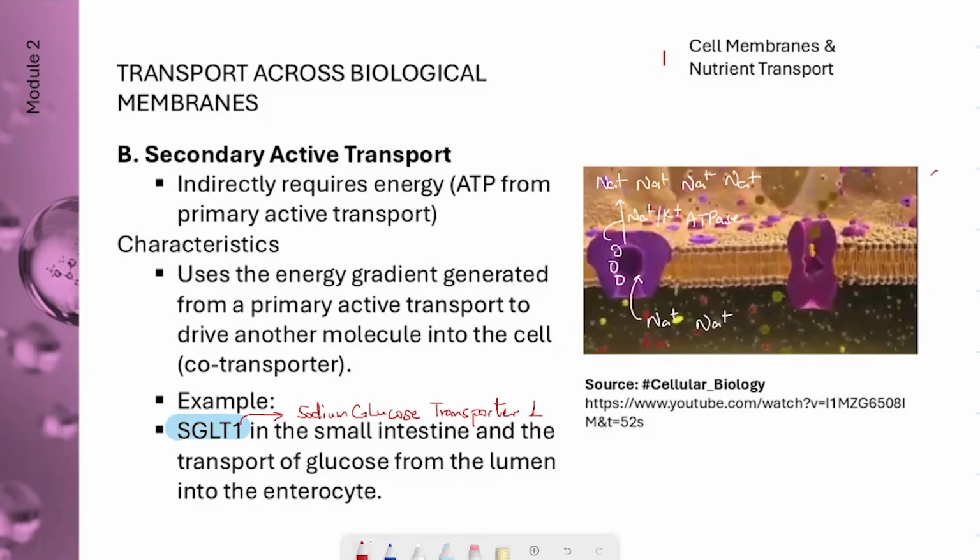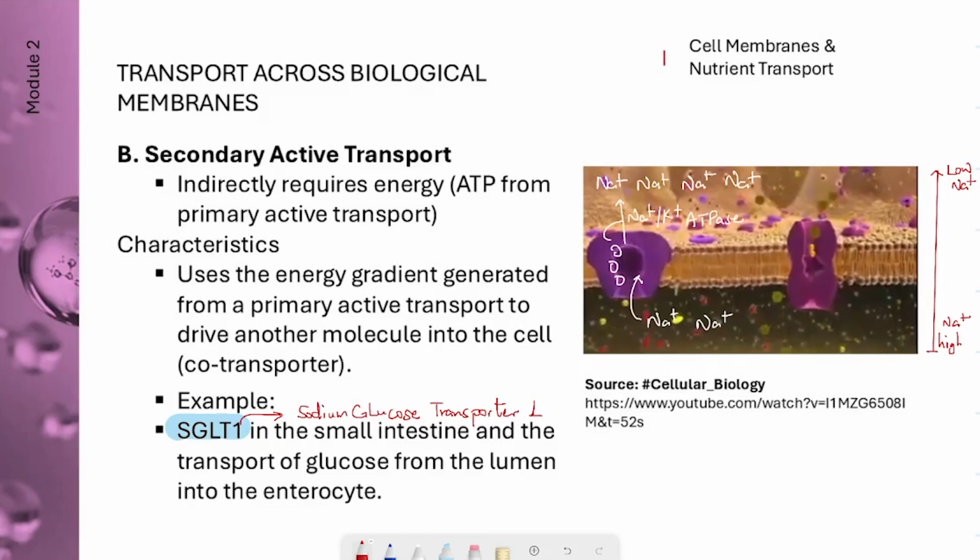And when we talk about concentration gradient, just for you to have a better understanding, you had at the beginning a high concentration of sodium inside the cell and a low concentration of sodium outside the cell. And what happens afterwards?